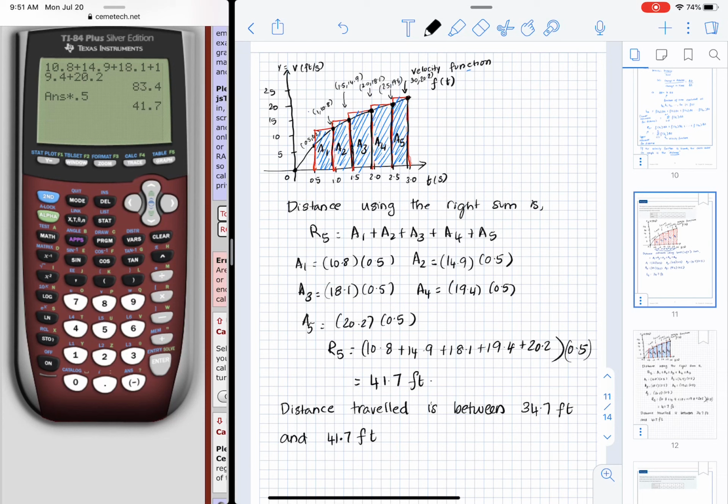Now, even though we have a curve, we were able to identify the distance using lower or left and right sums and the concept of approximating rectangles and finding the area under the velocity curve.